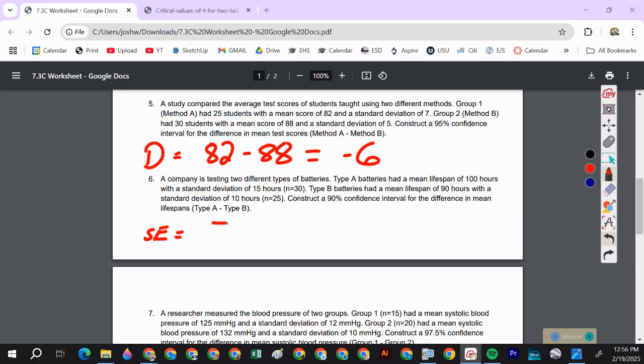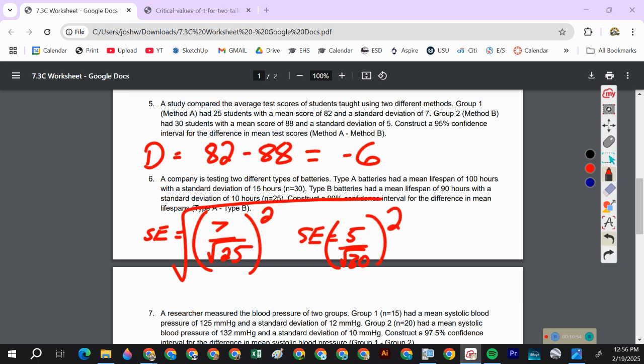So the first one is going to be 7 divided by the square root of 25. And the second one is going to be 5 divided by the square root of 30. And then I'm going to take the square root of those values squared and add it together. Does that make sense to everyone?